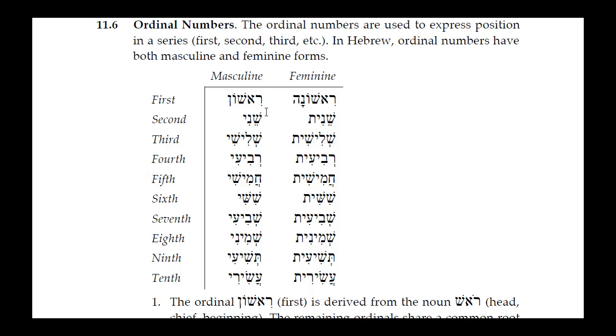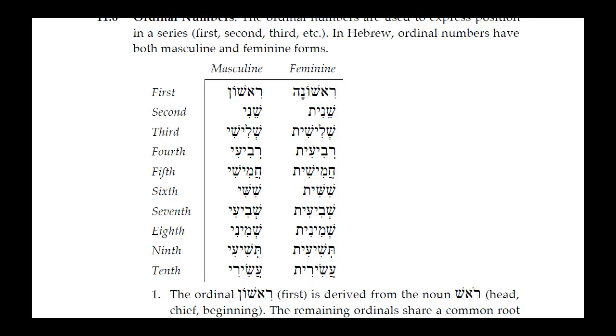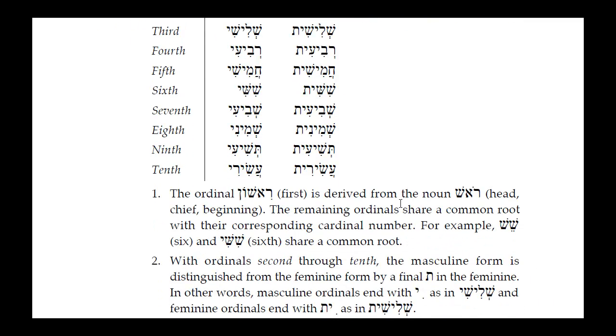The ordinal number rishon is derived from the noun rosh, meaning head, chief or beginning. The ordinals share a common root with their corresponding cardinal numbers, which I just said a moment ago. For example, shesh, which is 6, and shishi, 6th, share a common root.